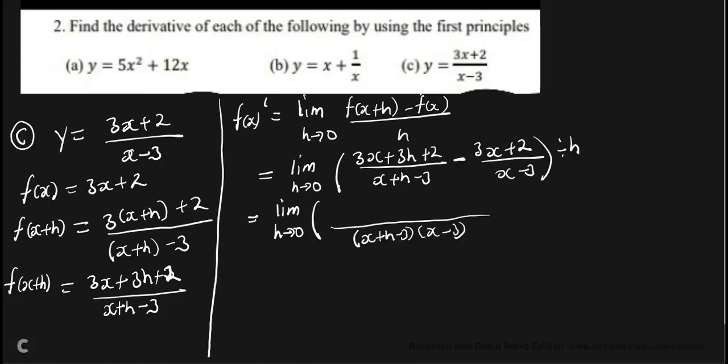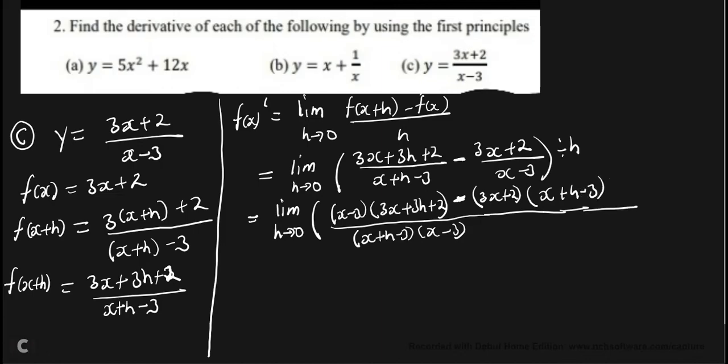For this part, you have x minus 3 times the upper one, which is 3x plus 3h plus 2, minus, and that minus multiplies with everything, 3x plus 2 times x plus h minus 3.